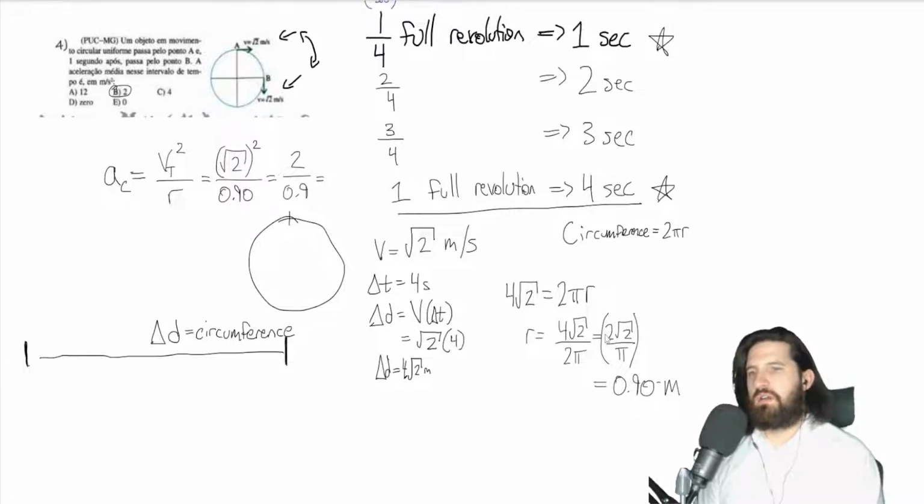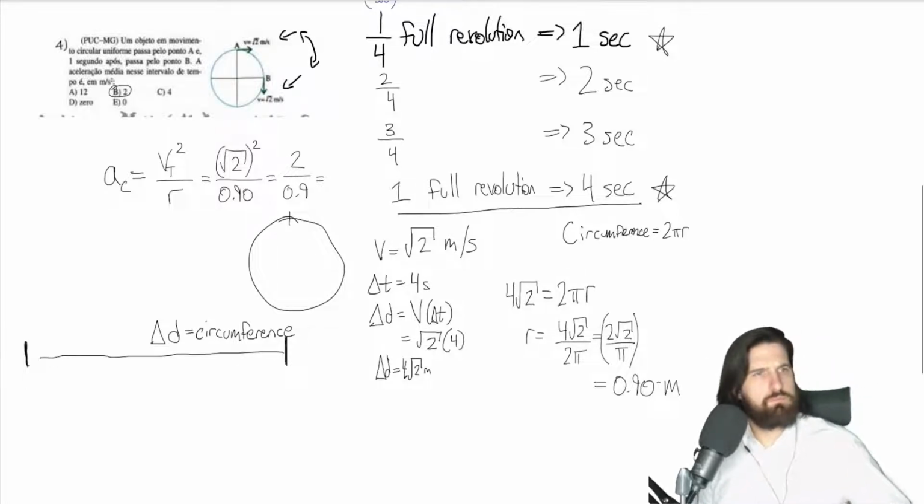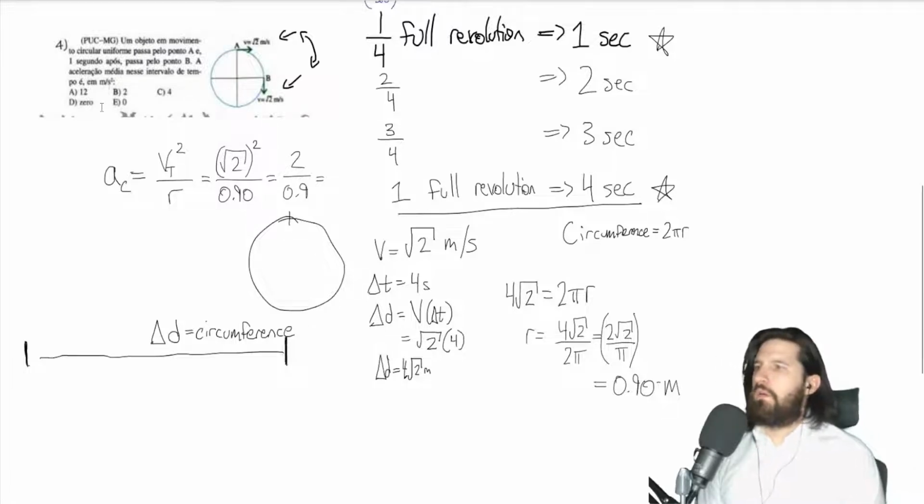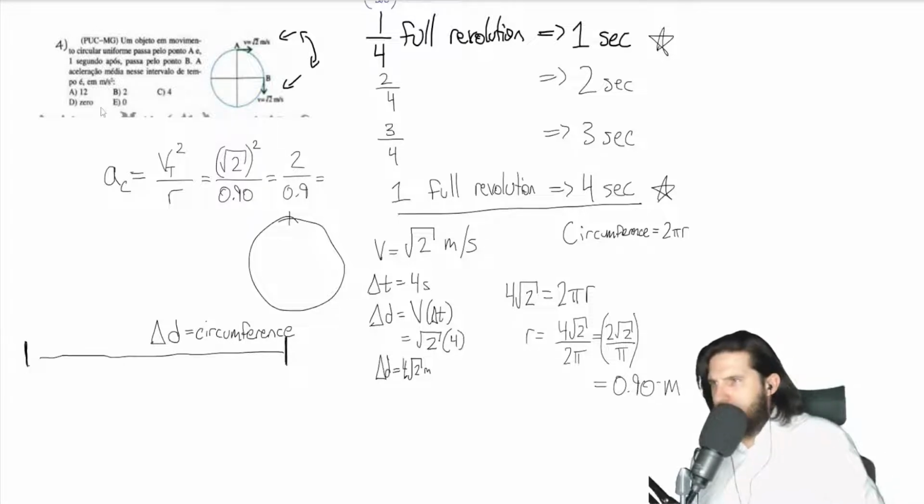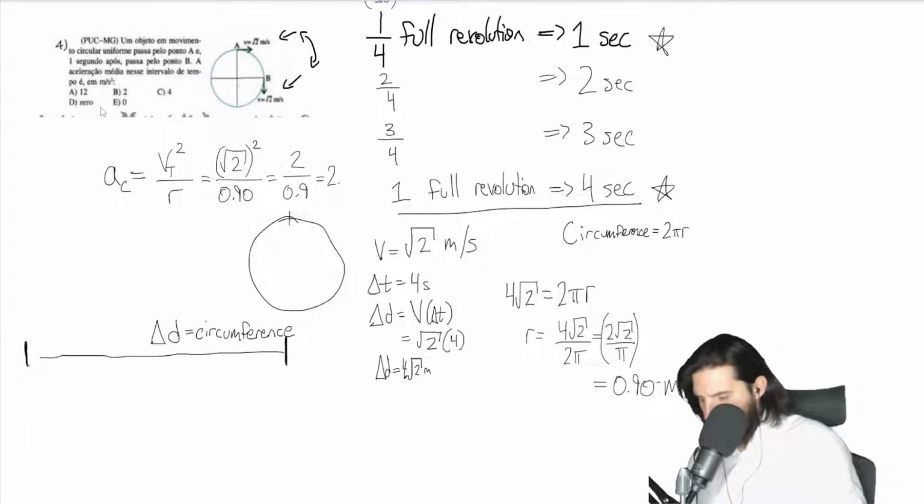2 pi r, that is our circumference, yeah. 2 root 2 over pi, yep. 0.9, yep. Right. So this is like 2.1-ish, .22-ish.